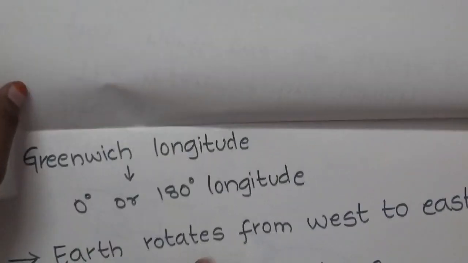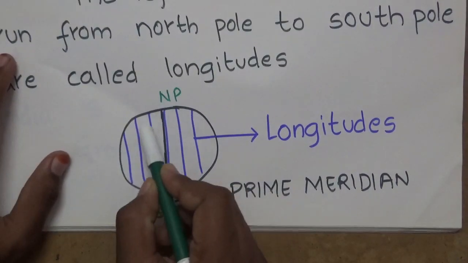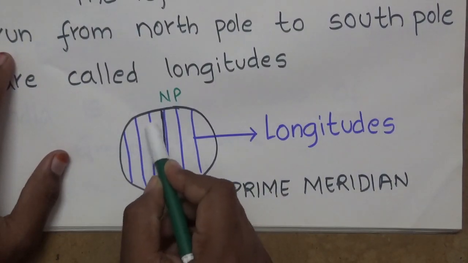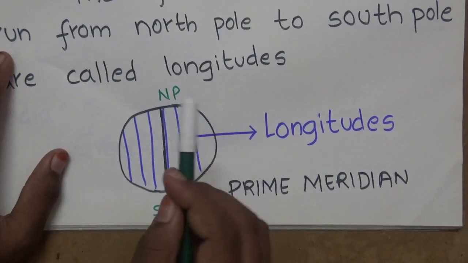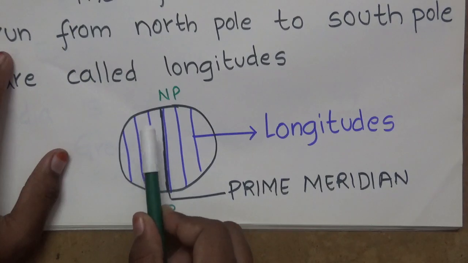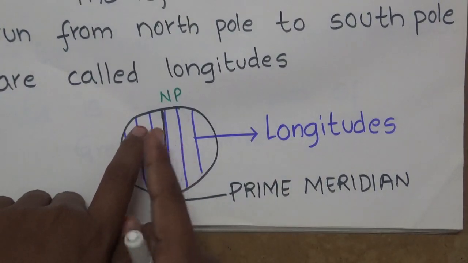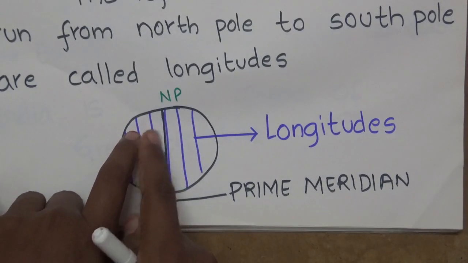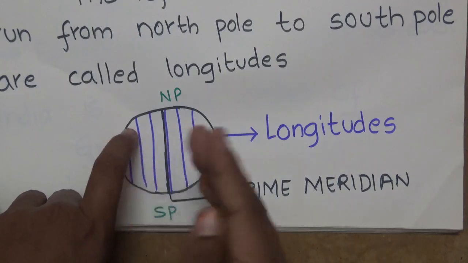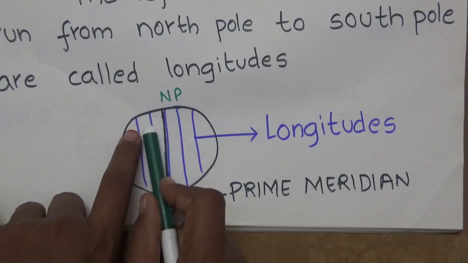Now we'll discuss this. See, Greenwich is located somewhere over here, and our India is located somewhere over here. So the longitudes which are before this Greenwich longitude are ahead in time.